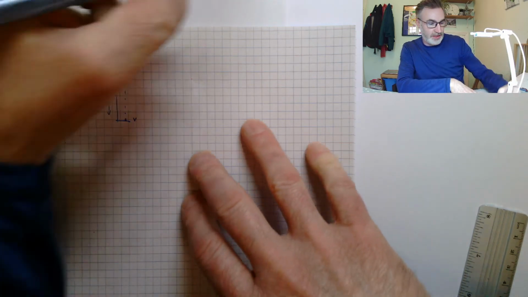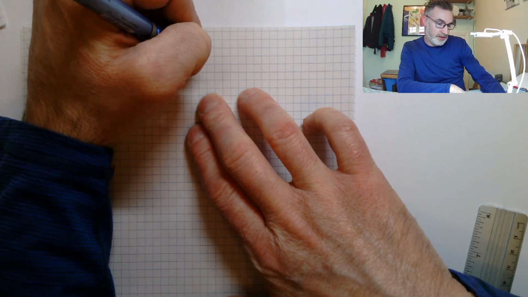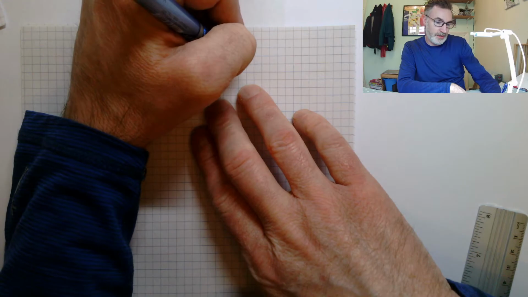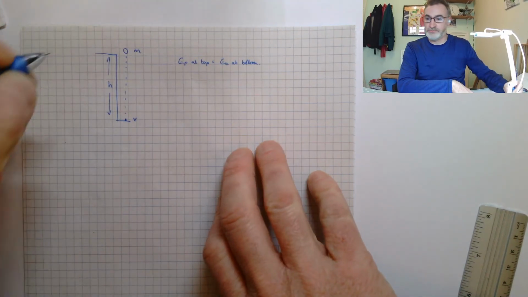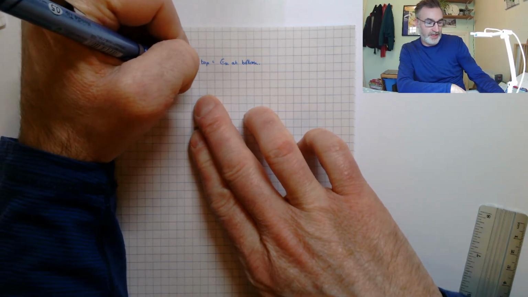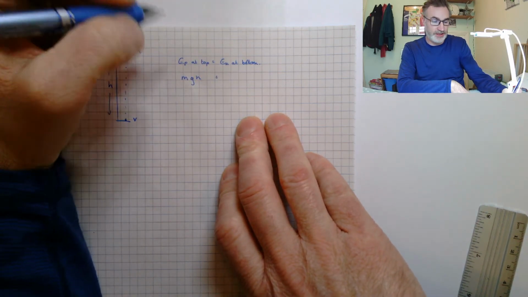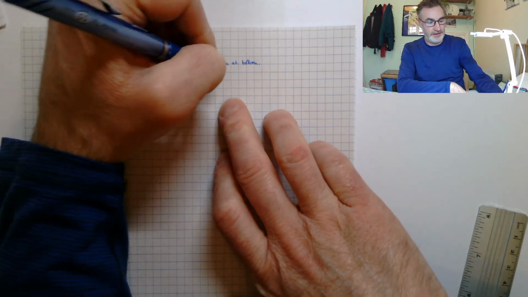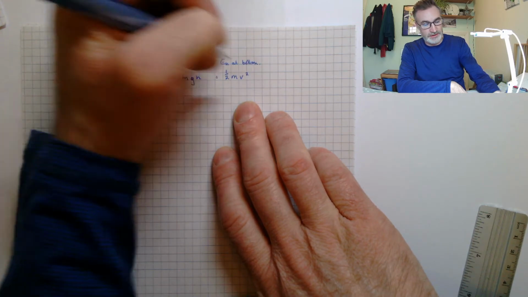And so we can look at this and say EP at top is equal to EK at bottom. We're going to have mgh, which is the potential energy, so mass times gravitational field strength times the height that is gained, and that is equal to half times m times v squared.